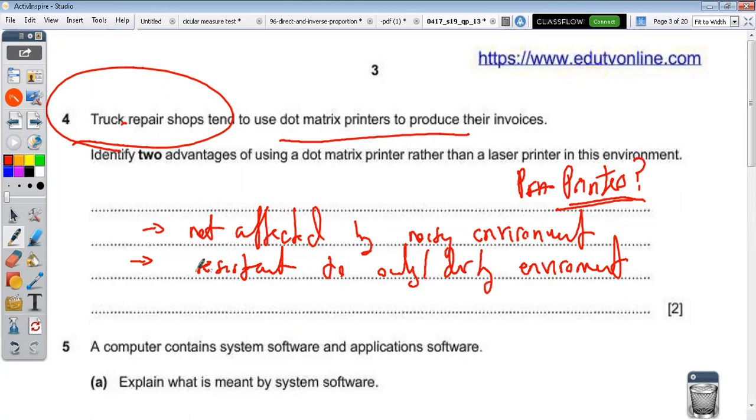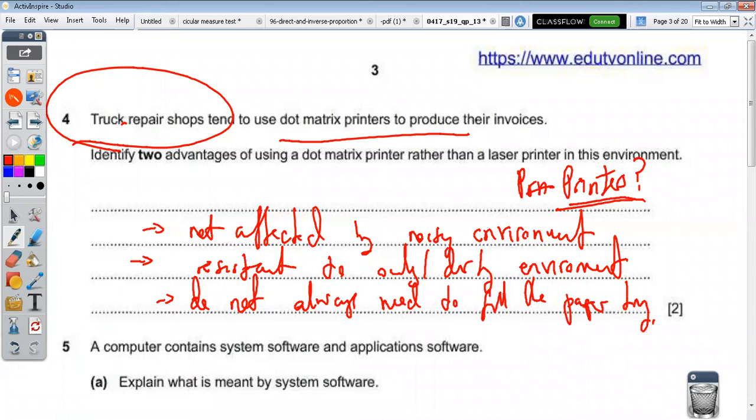Then you don't need to always fill the paper tray, because it uses continuous paper.